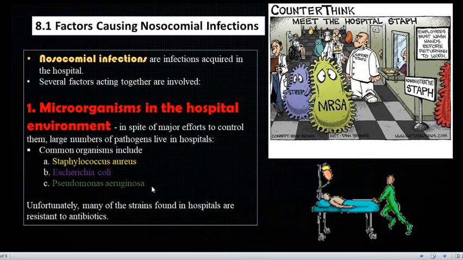So, ito sila yung medyo dangerous, no? The nosocomial infections escalated during the 1970s because your E. coli and Pseudomonas are hard, no? They are not easily killed by antibiotics. Okay? Because they are gram-negative.